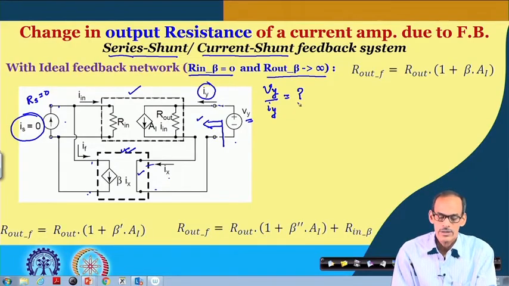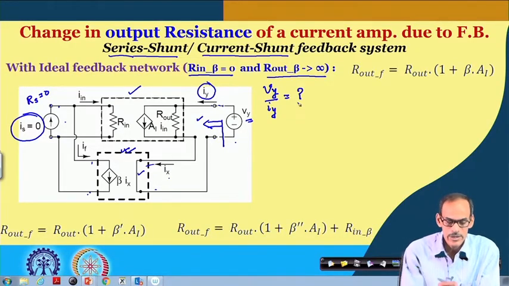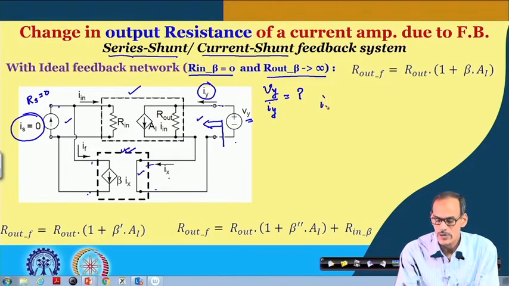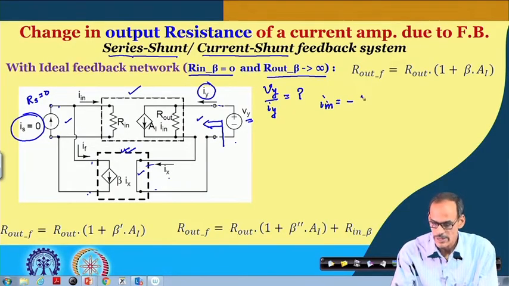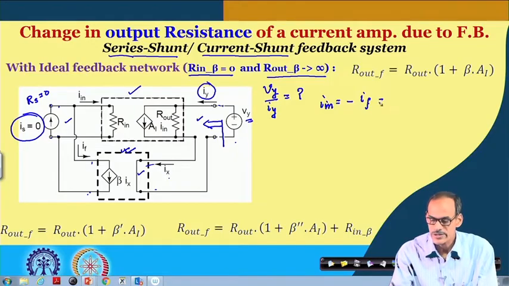To get that, again we can start from here: I in equals minus I f, and this is equal to minus beta into I x.